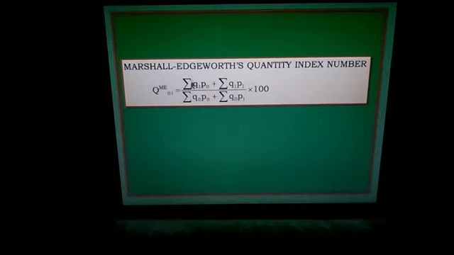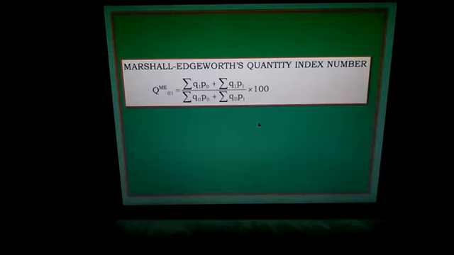So here the simplified version is written. I have explained how to write the simplified version, using one more step before this, in the case of the price index number already. So here sum of Q1 and sum of Q0, these two in the name of quantity relative we have. P0 plus P1 divided by 2 is the weight actually applied.